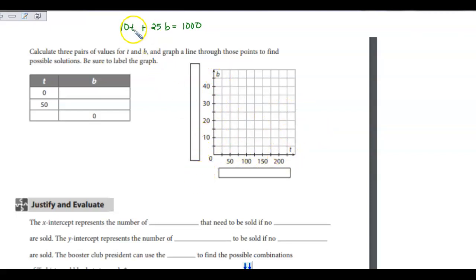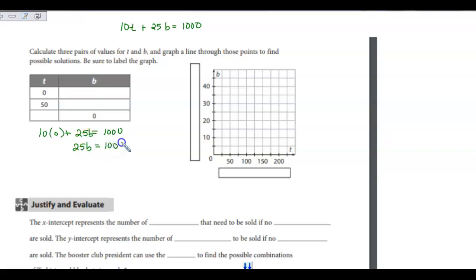So if t is 0, I need to find out what b would be. So 0 plus 25b equals 1,000. Oops, I forgot my b.